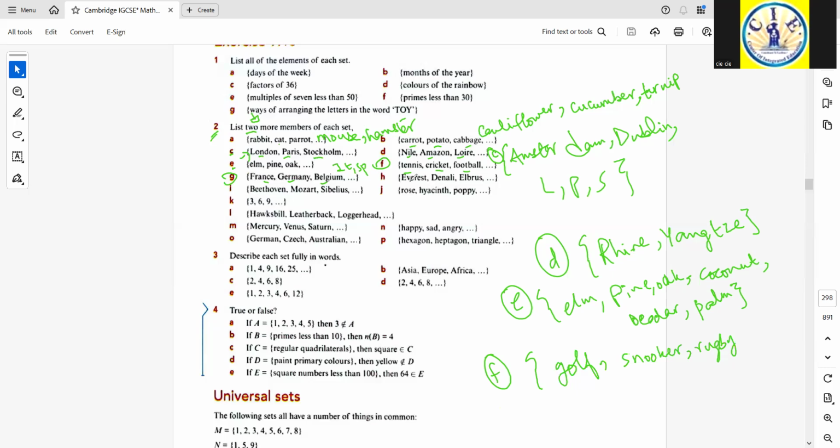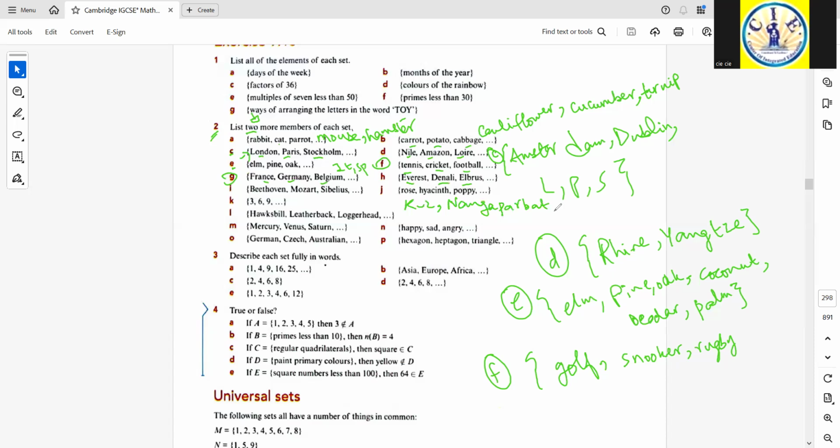Similarly, we have now mountains: Everest, Denali, Elbrus. We can have K2. We can have Nanga Parbat. We can have any other mountain.